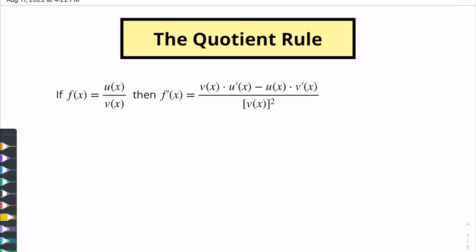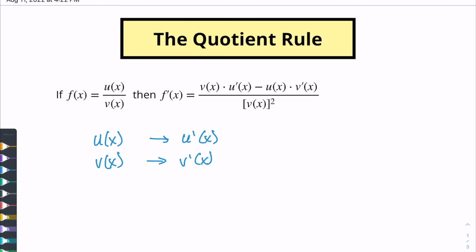I'm going to map this out again, and again, we looked at this in the product rule video. If we want to call u of x, and maybe we've got another thing that we call v of x, our numerator and our denominator here. Ultimately, what we're going to want to do is find the derivative of u of x, and find the derivative of v of x, and then just drop these pieces into this whole formula.